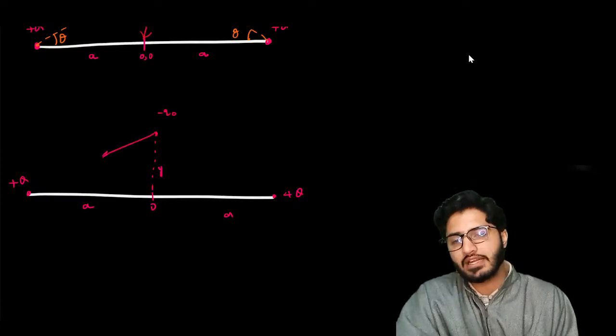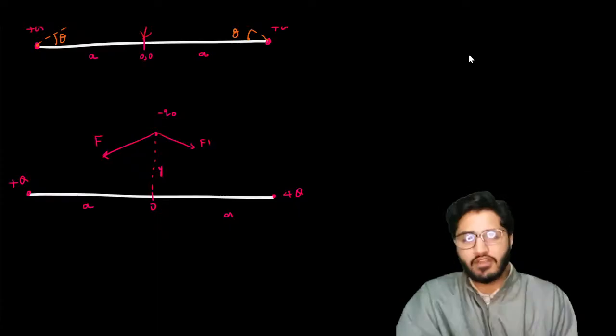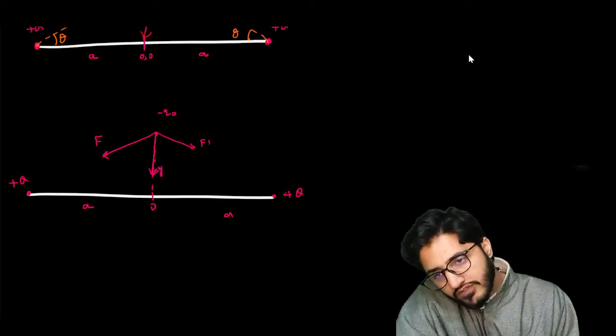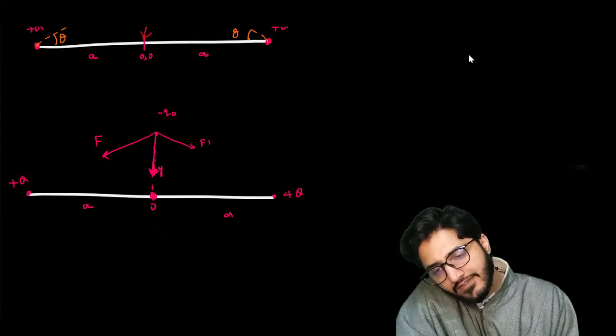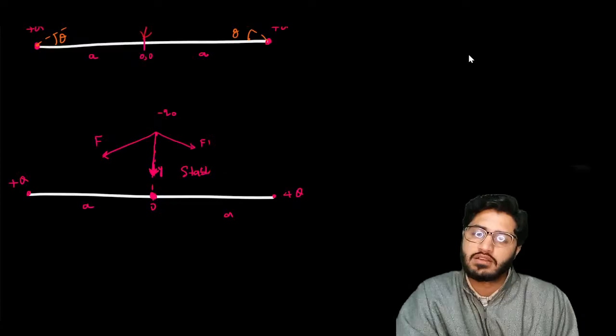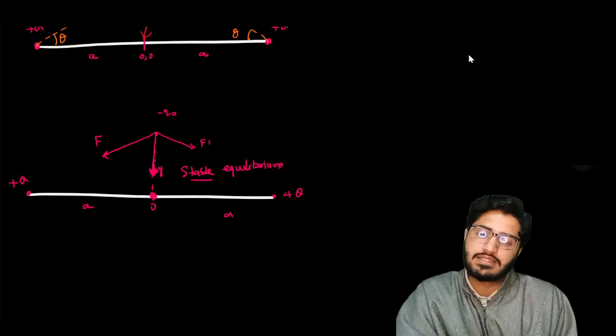This Q will attract it by force F. This Q will attract it by force F. Net force will be downwards. So look, the force will be towards the origin. That means the particle will be at origin. So this is a simple case of stable equilibrium.